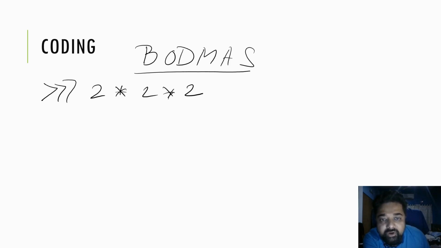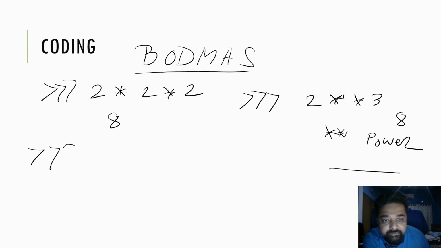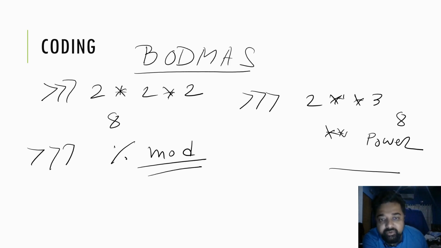It will give the output of 8, but instead of writing this, you can write 2 star star 3. It will give 8. Double star means power. Good. Then we have the mod function. You already know, I think. It gives the remainder.